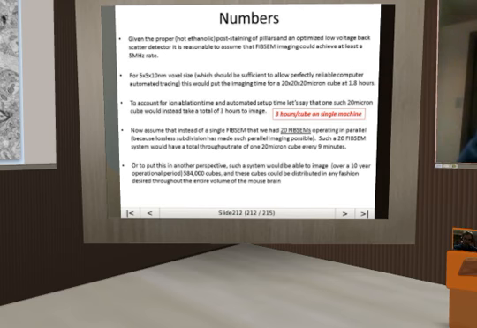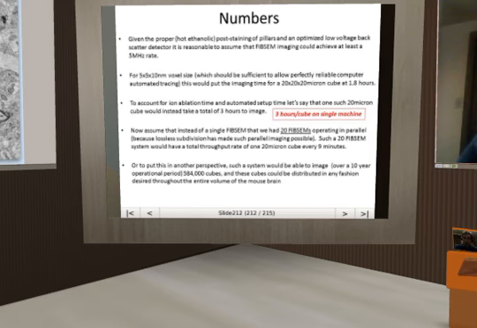Or to put this in another perspective, such a system would be able to image over a 10-year operational period over 500,000 cubes, and each of these cubes could be distributed in any fashion desired throughout the entire volume of the mouse brain.